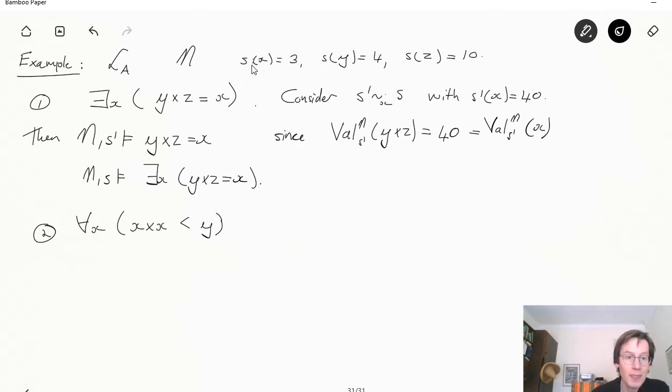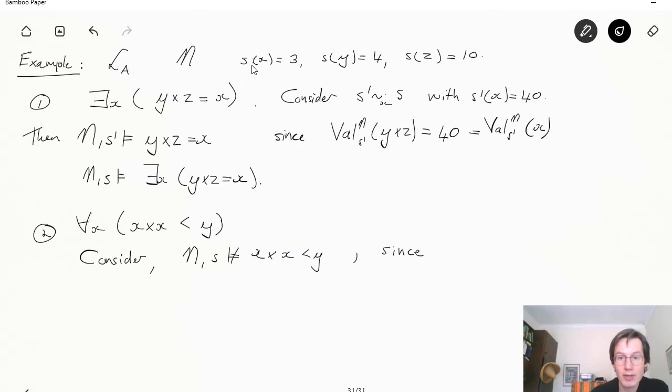So consider: in N under S, this is not satisfied because I don't have that x times x is less than y. What is x times x?